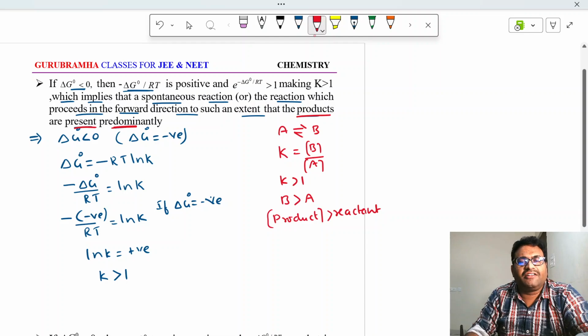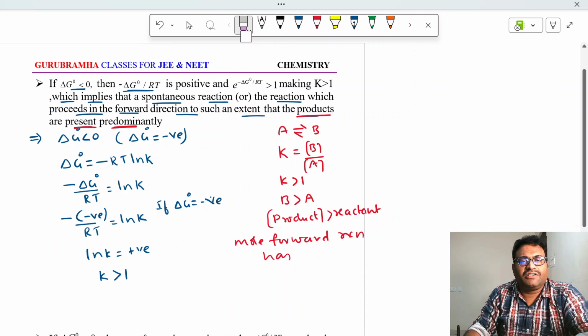That means more reaction has occurred, more forward reaction has taken place.